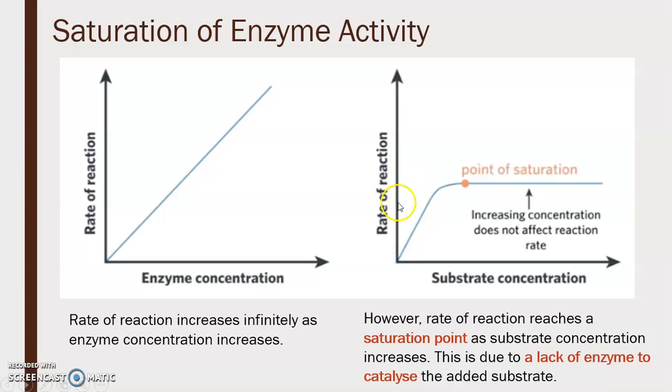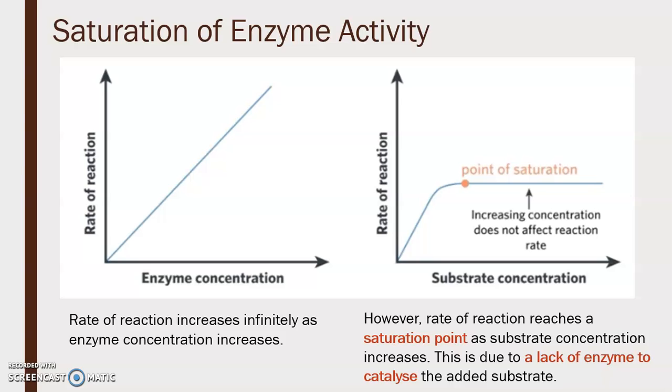The problem is that sometimes the enzyme concentration remains the same, but you increase the substrate concentration. Okay, this will have an effect where the rate of reaction will reach a saturation point. Initially, when you increase substrate concentration, the rate of reaction does increase because you always have free enzymes there ready to catalyze the breaking down of the substrate, right?